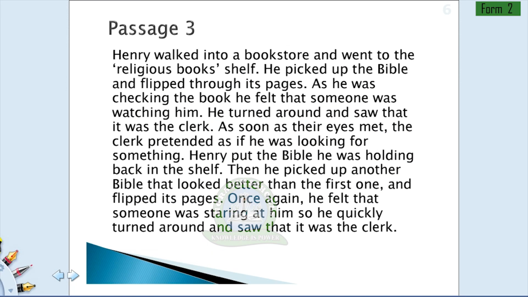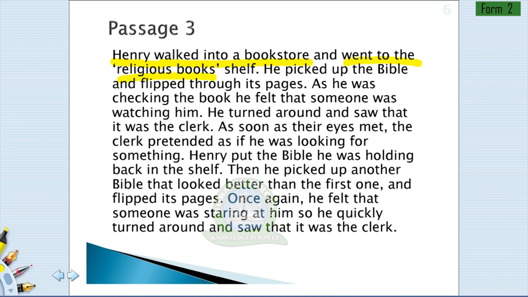Let's proceed. Passage 3. Henry walked into a bookstore. Henry, this is a name, we can say Ahmed, Ali, or Umar, walked into a bookstore, that means bookshop, and went to the religious books.